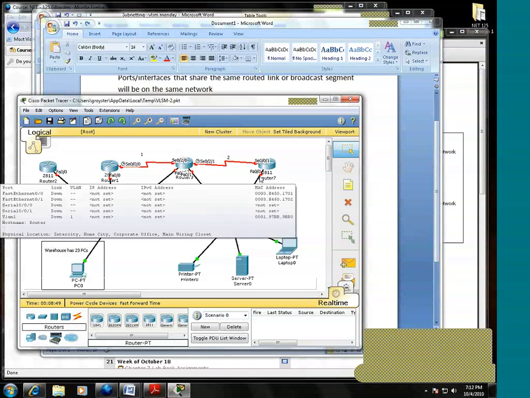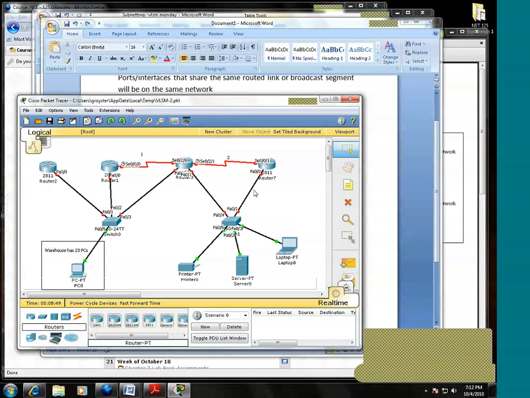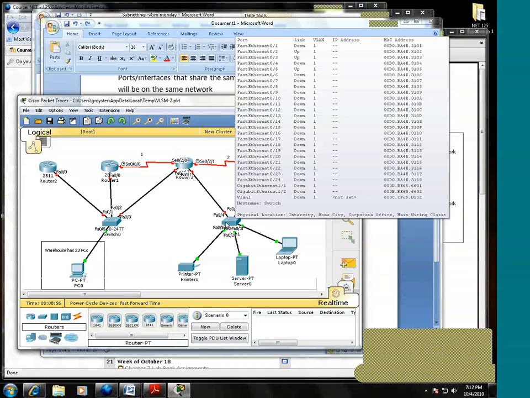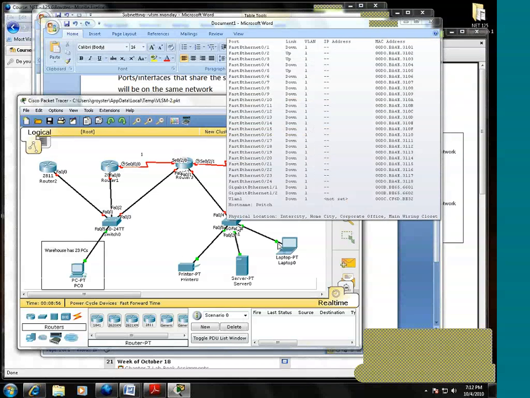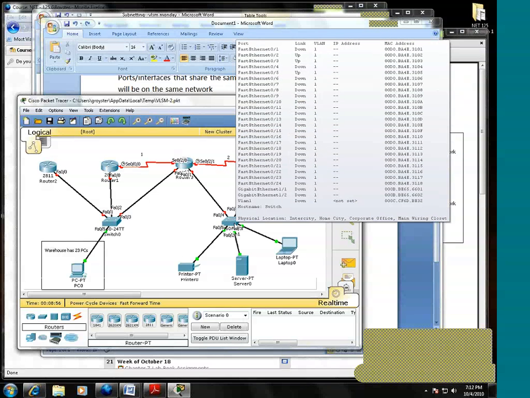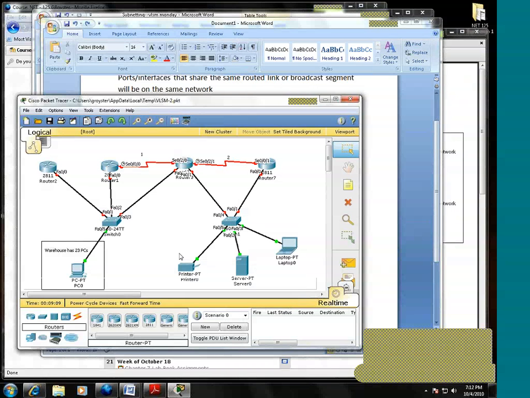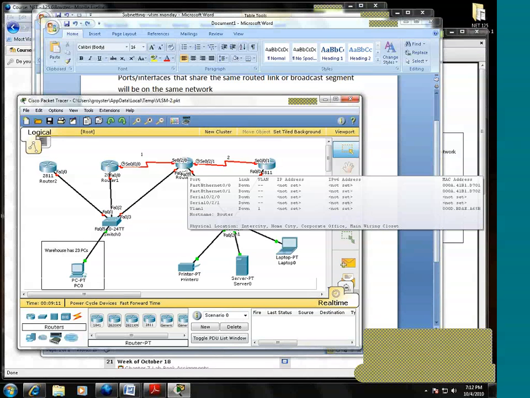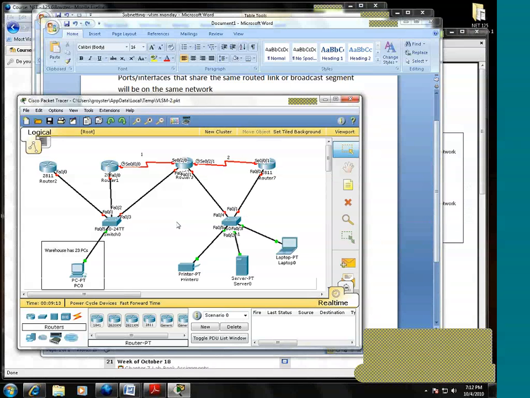If I were to ping 255.255.255.255, the ping will leave the router, go down this link, go to the switch, and the switch will send it where? Another router and another router. Oh, it'll send it to the laptop, the server, the printer, and this router, right? It's going to everything because switches don't break up broadcasts.